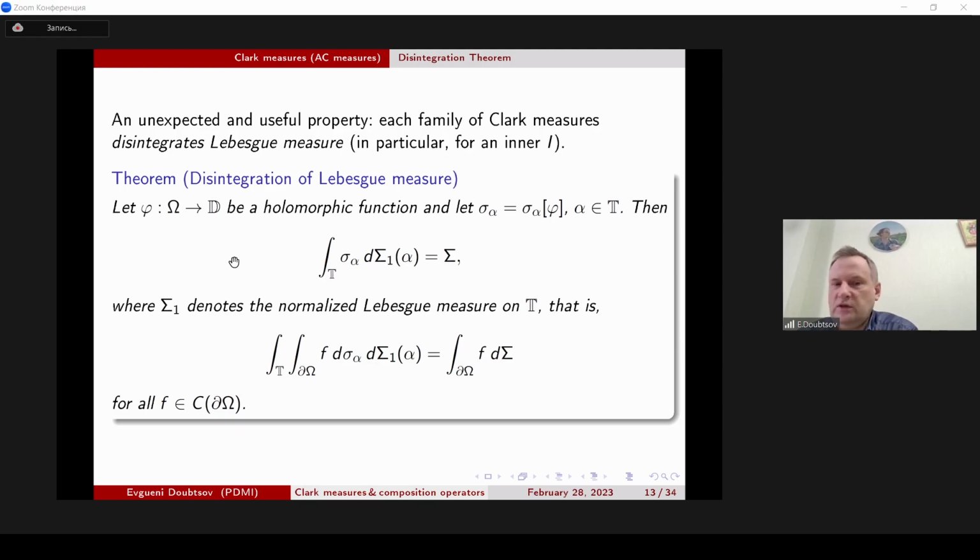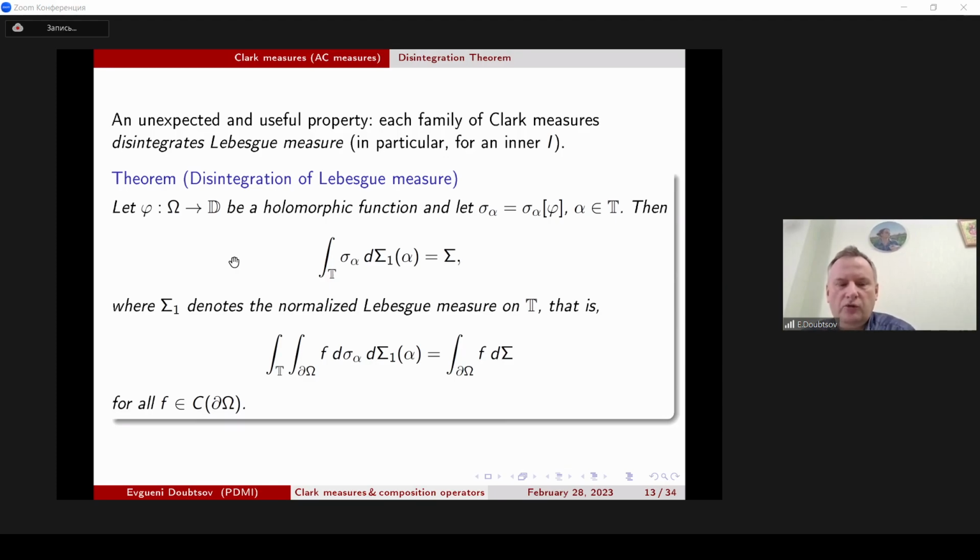So, as I said before, if we integrate with respect to this parameter, so with respect to Lebesgue measure sigma 1 on the unit circle, we obtain the normalized Lebesgue measure on the distinguished boundary d omega. In the weak sense, of course, it means if we take an arbitrary function continuous on the distinguished boundary and we integrate, then on the left-hand side and on the right-hand side we have functionals.